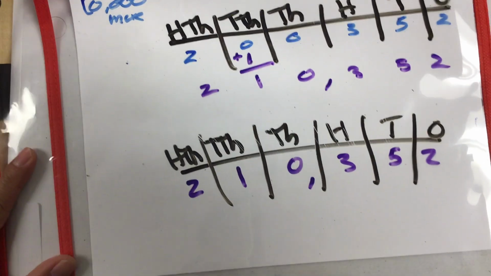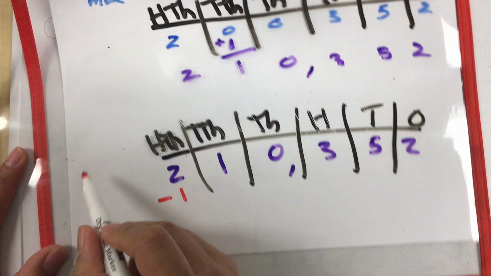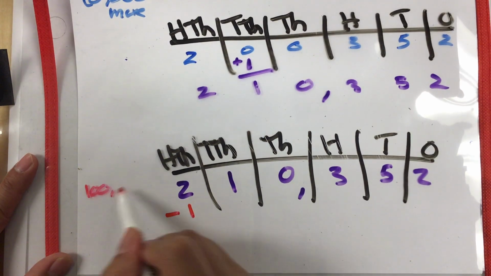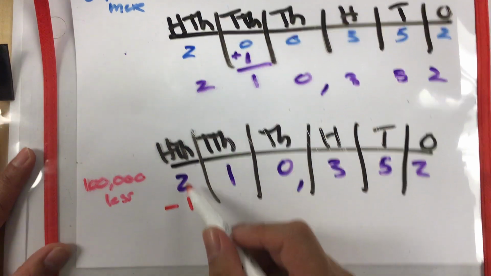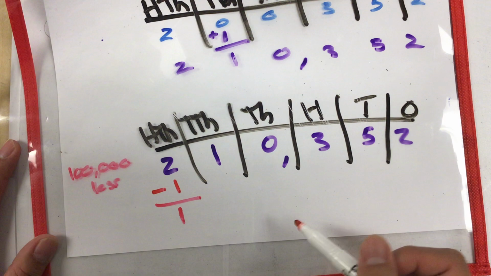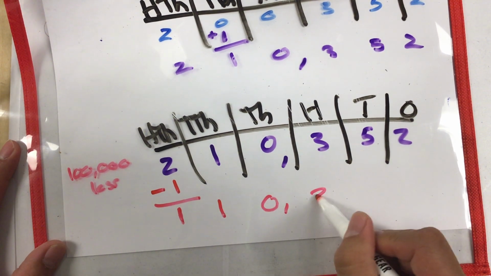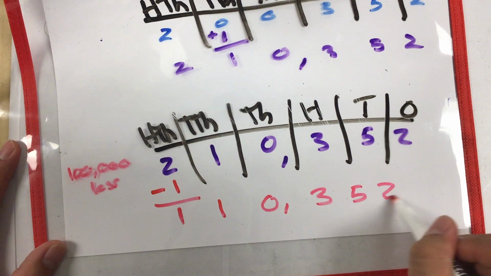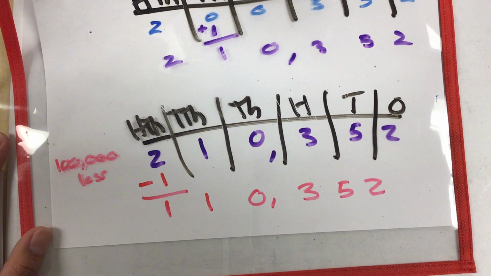Okay, so if we're going to look at taking away 100,000, we're going to have 100,000 less. We're taking away 100,000 from there, and we're not changing any other units. So now we have 110,352.